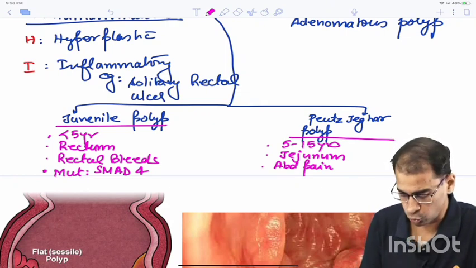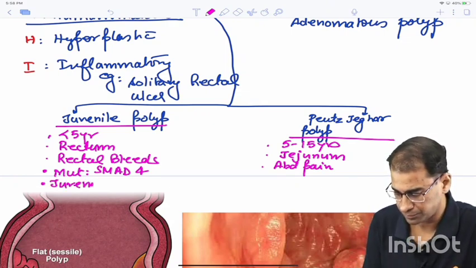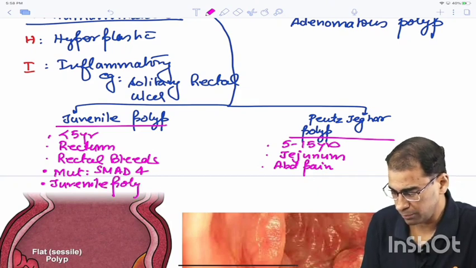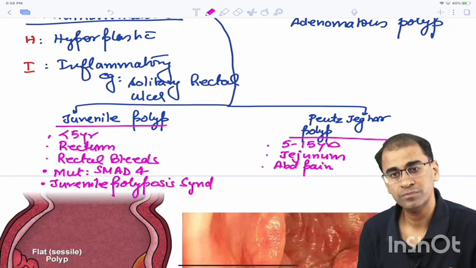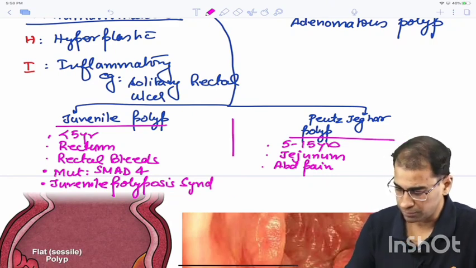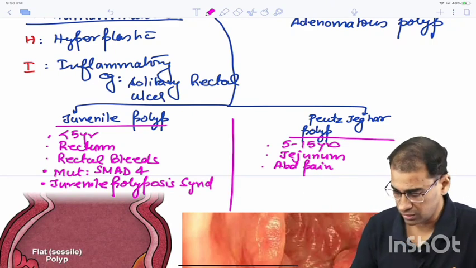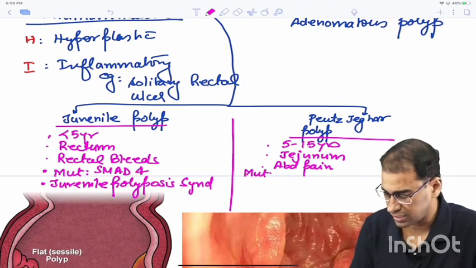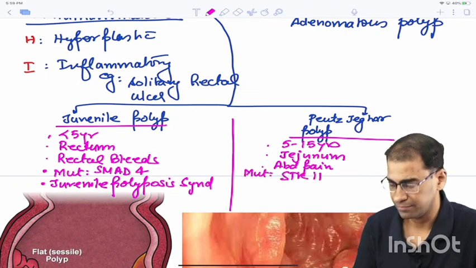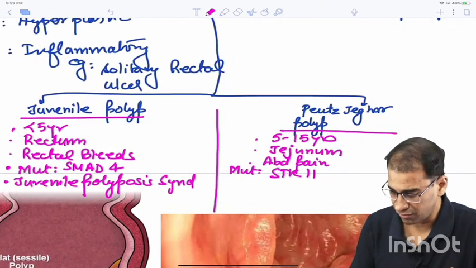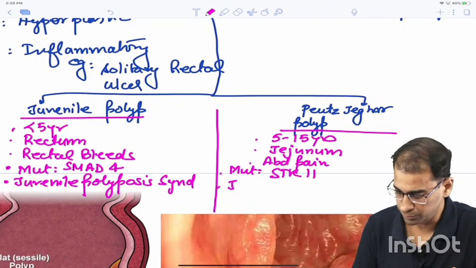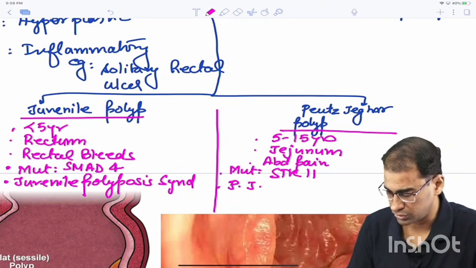And the mutation syndromes are called juvenile polyposis syndrome. The Peutz-Jeghers polyp, when these come with mutations, the mutation here is STK11. Gene name is STK11. Okay, STK11. And they come with Peutz-Jeghers syndrome.